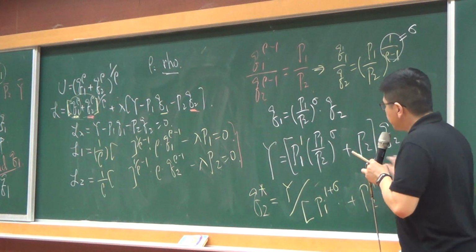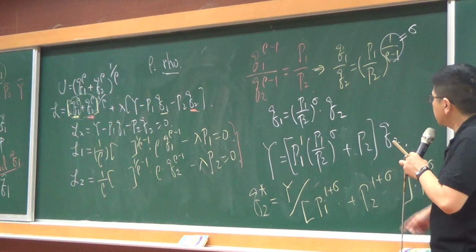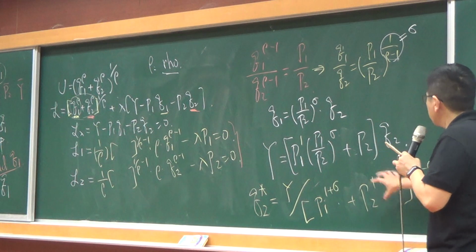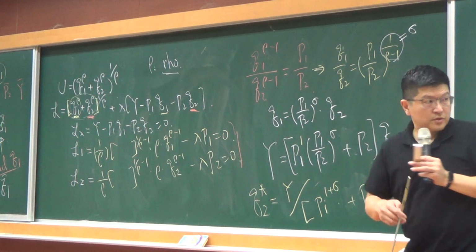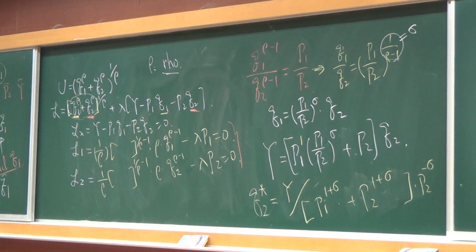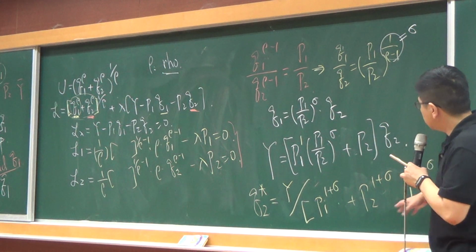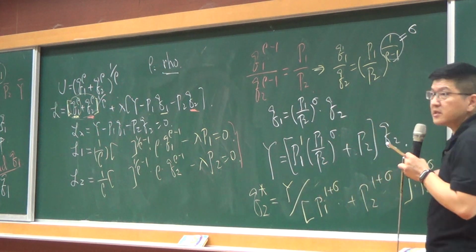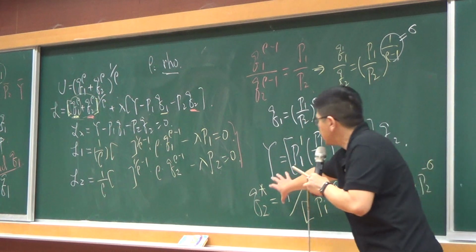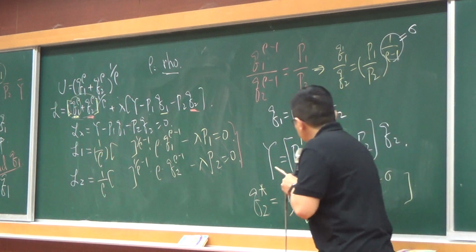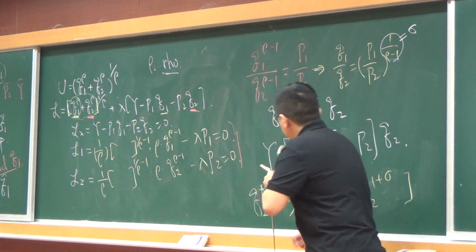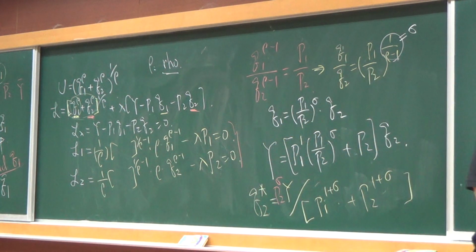So if we just put it back, we'll get the same result, but we can check this out. You'll see Q2 equals y P2 to the power of sigma. Here in the denominator is negative sigma, but in the numerator, this will be P2 to the power of sigma, just like here.